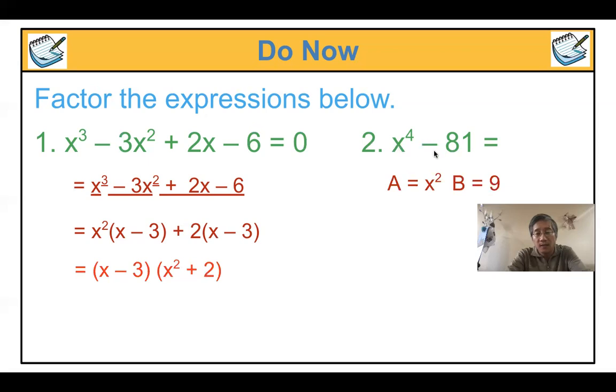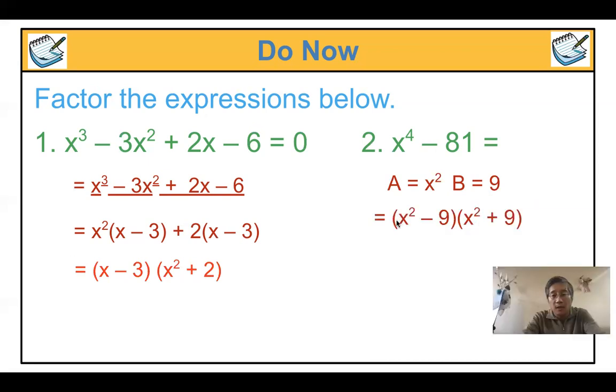Then a minus b, a plus b. So you will have x cubed minus 9 times x cubed plus 9.